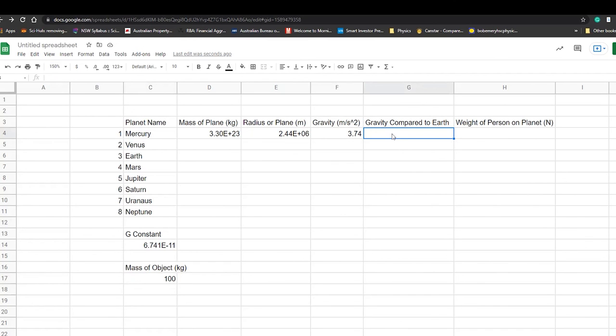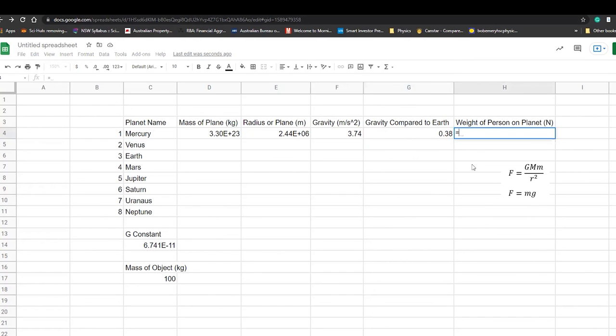So we're going to put an equal sign. We're going to say the gravity value divided by 9.8. We're going to say that's the Earth's gravitational value. We enter that. We need to calculate the weight of the person.